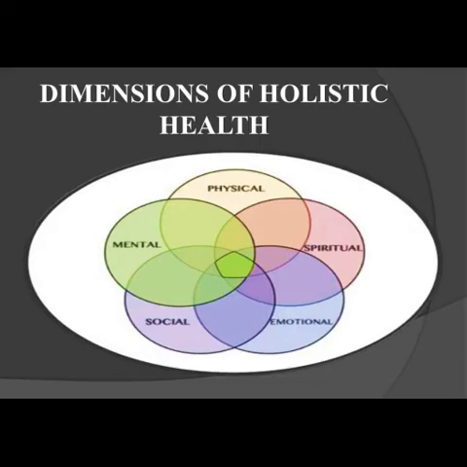To achieve the optimal health according to this holistic model, there should be a proper balance in the life and in all these dimensions also. In holistic health, the whole person is considered, because the whole person is made up of interdependent parts, and if one part is not working properly, definitely the other parts also will get affected.